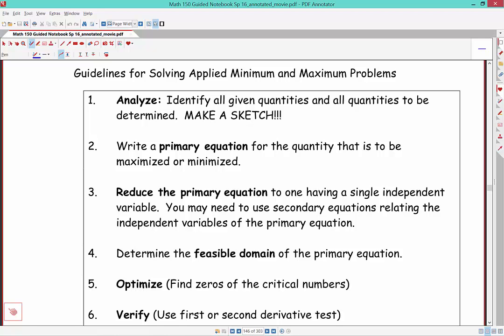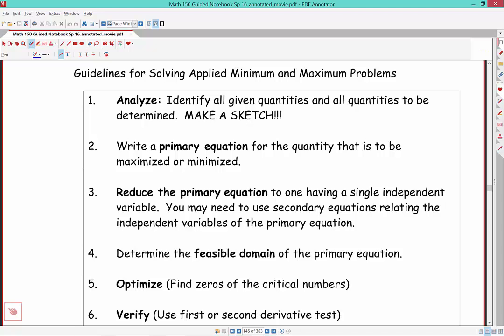Now, you write a primary equation for the quantity that you're optimizing, which is a generic term for maximizing or minimizing. If you look for the words find the maximum something or find the minimum something, it is that function or relationship that is to be optimized.